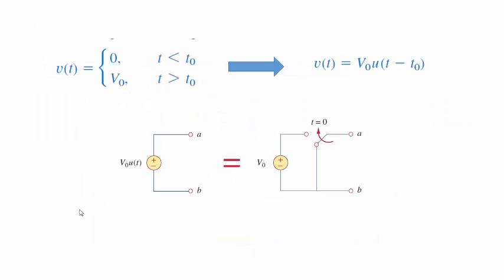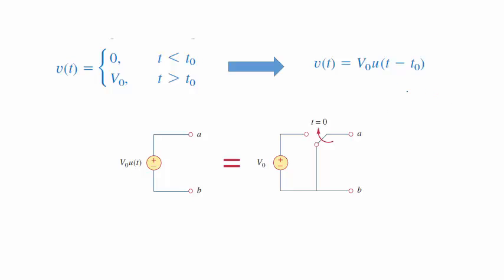So how that relates to circuits, you could have a voltage that's off before time equals 0 and on at time greater than t0. So we can write that mathematically now with our step function as there it is, v of t equals the amplitude times the unit step function.